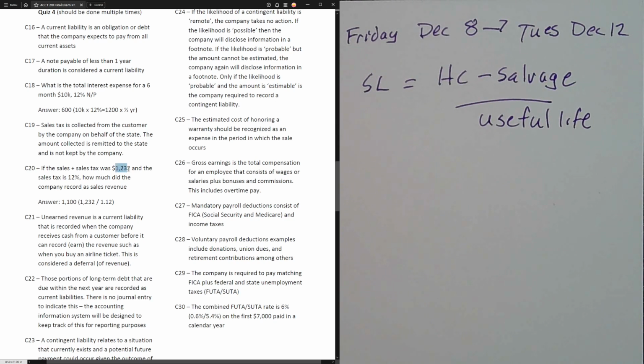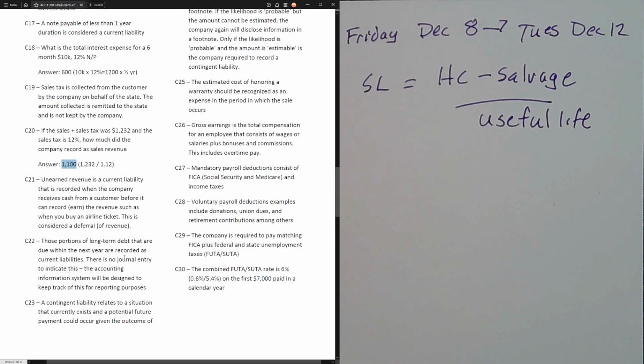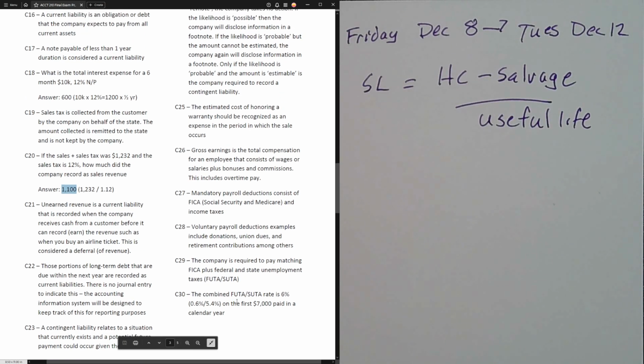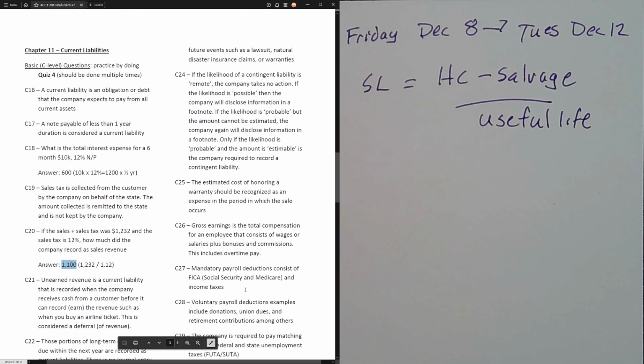So here, 1232, if we wanted to know how much was sales and how much was sales tax, we take that 1232 divided by 1.12, and this 1100 is the amount of sales revenue. And then obviously if we subtract 1232 minus 1100, that's going to give us the amount of sales tax. Let's see, do I have any other ones? There are some things here with some numbers, but that is more informational.